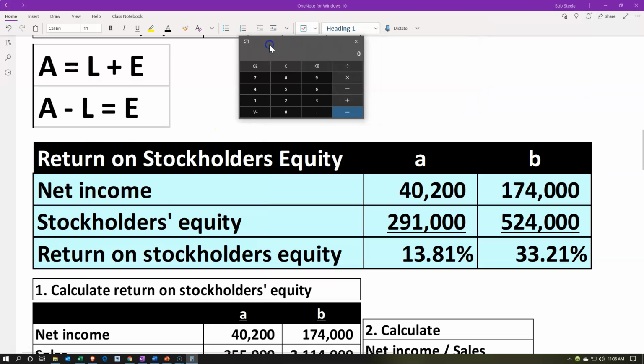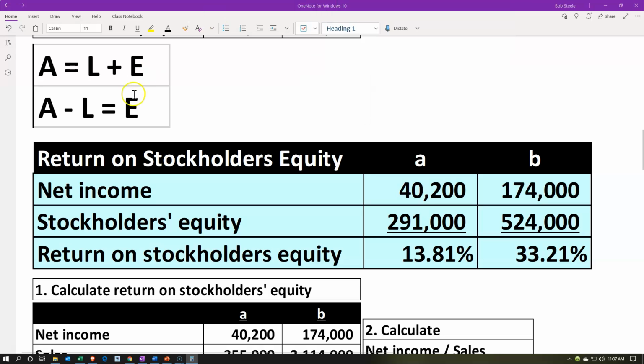If we take the 40,200 divided by the 291,000 and move the decimal over two places, we get about 13.81. On B, we take the 174,000 divided by the 524,000, and moving the decimal two places over for a percent, about 33.21.